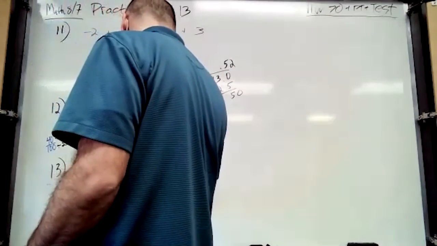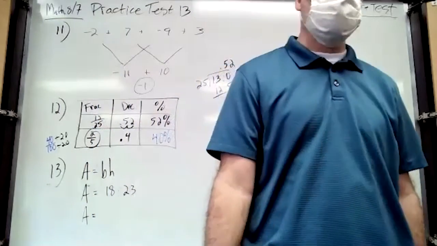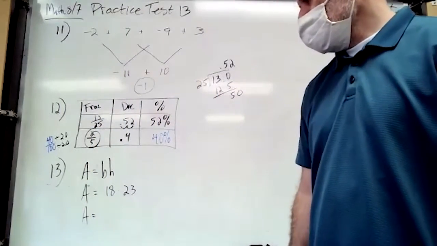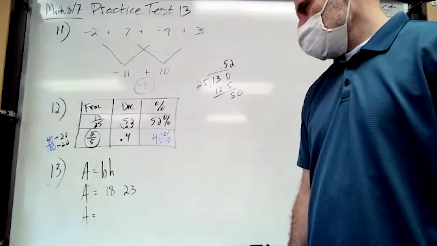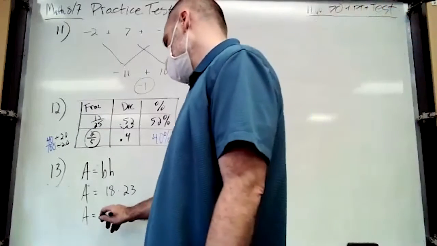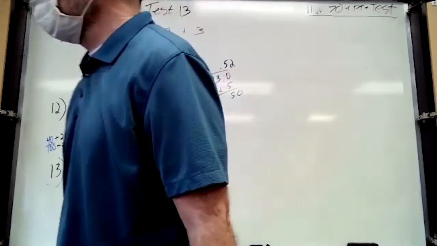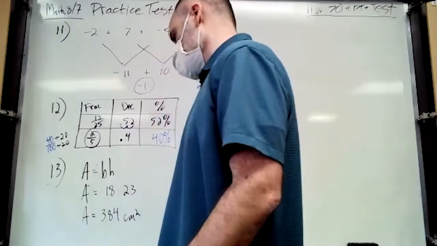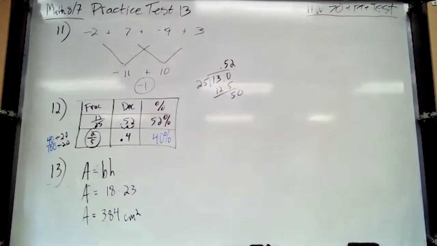What's 18 times 23? Whew. Pain in the butt, right? 230 plus what's 8 times 23? 184. Is that what you guys got? What'd you get? 414.